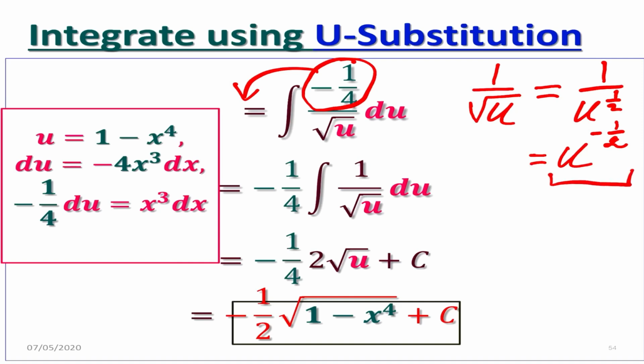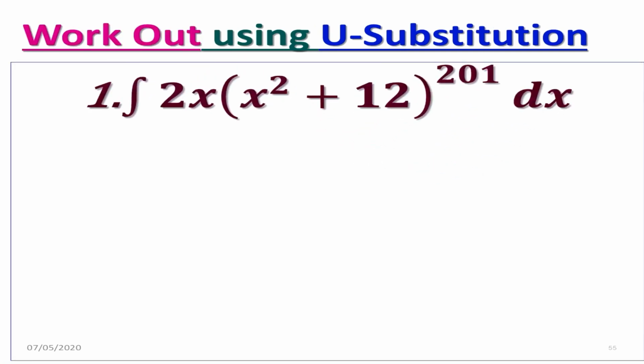So it's u to the negative a half. After using the power rule on this term, you want to get it back into radical form. So it's going to be 2 square root of u. So we can cancel this 2 and a quarter, just by reducing by 2. And we are going to replace your u with the original definition, so 1 minus x to the 4th. So that's going to be your answer.